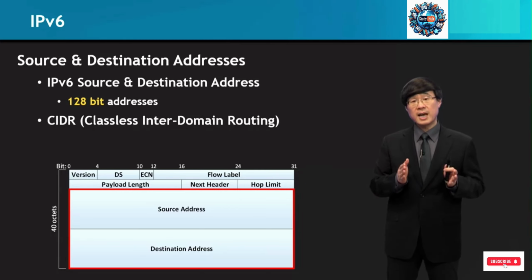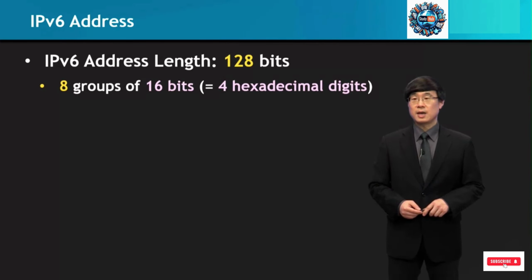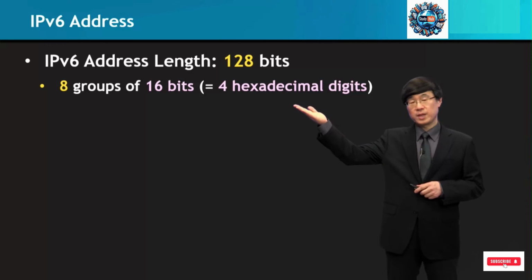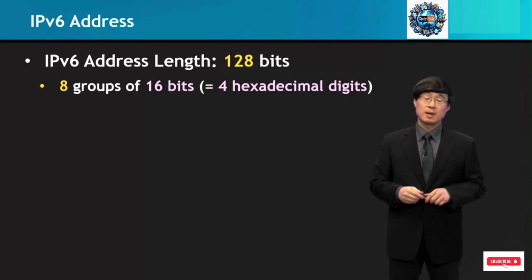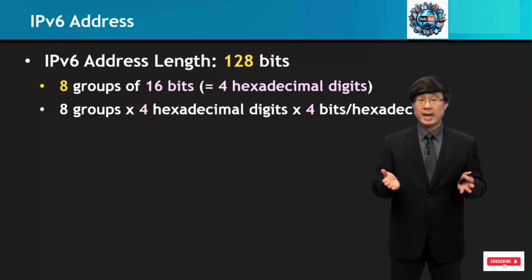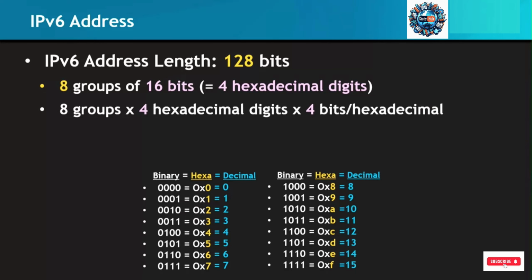Now, the CIDR notation is used to represent these addresses. An IPv6 address is 128 bits, and we can represent it as 8 groups of 16 bits. The 16 bits are 4 hexadecimal digits. So therefore, the address representation can be 8 groups with 4 hexadecimal digits, and 4 bits are represented for each hexadecimal digit.